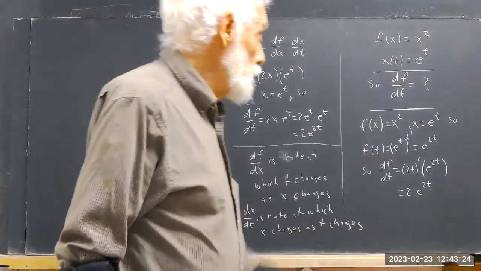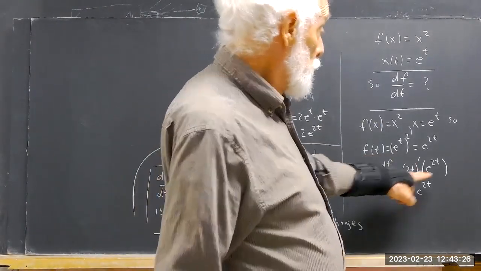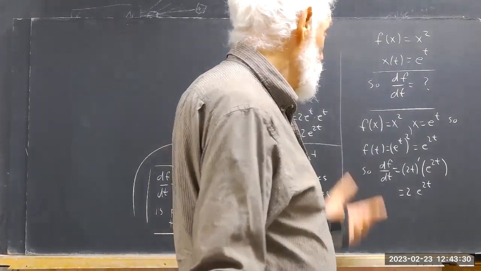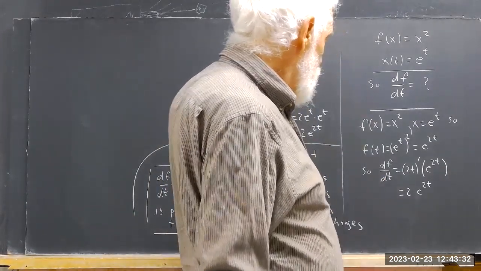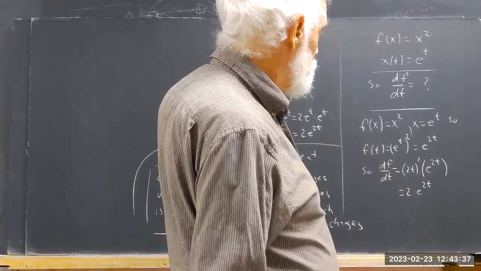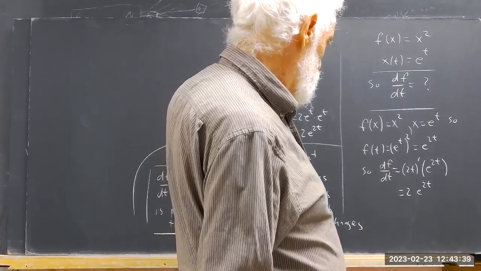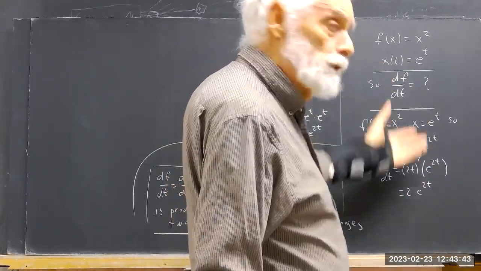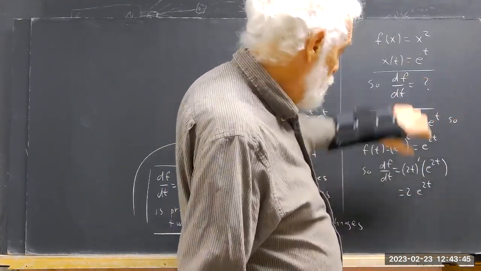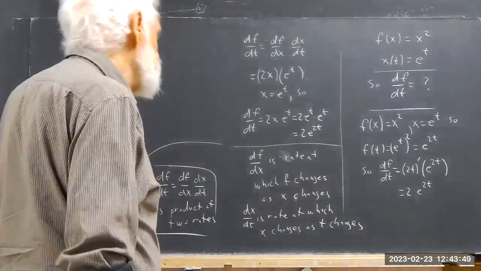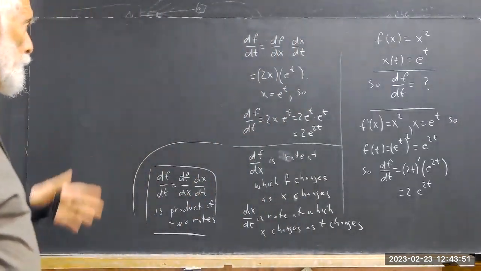And if you do it this way, there's one rate and there's the other. Okay. Still a product of two rates. That's the rate at which t changes, and that drives the change in e to the 2t, okay? So, let me make sure I said that right, I think I did.